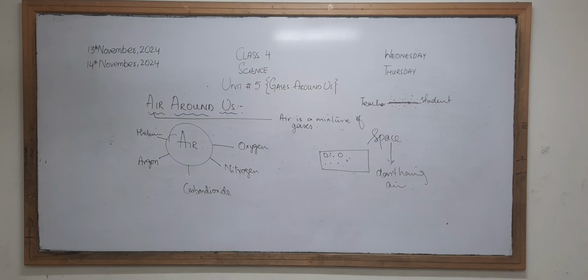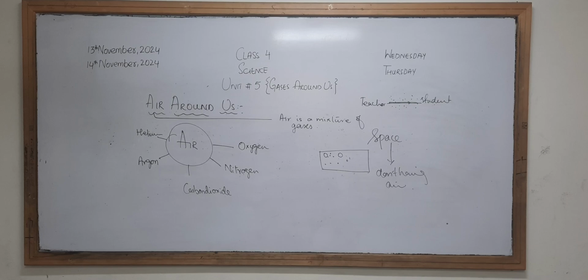So now, a quick review or recap of the whole topic that we have done today. We have discussed the air around us, and air is a mixture of different gases. The gases have fixed percentages.